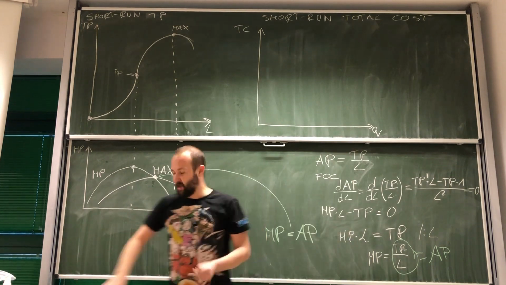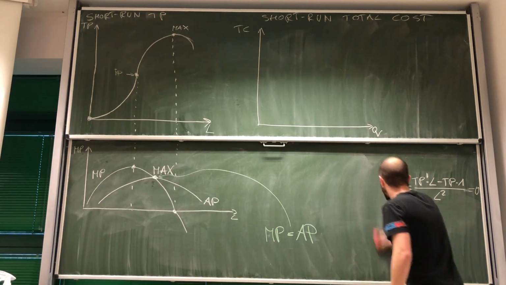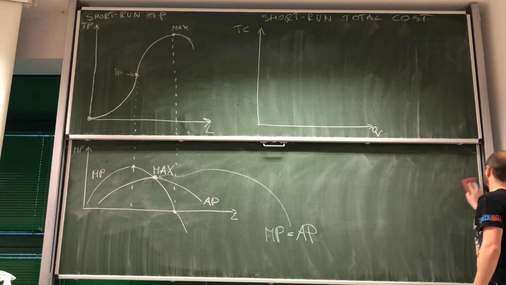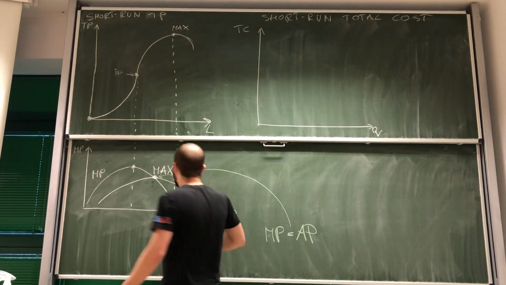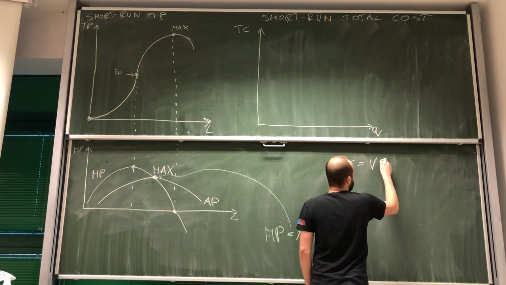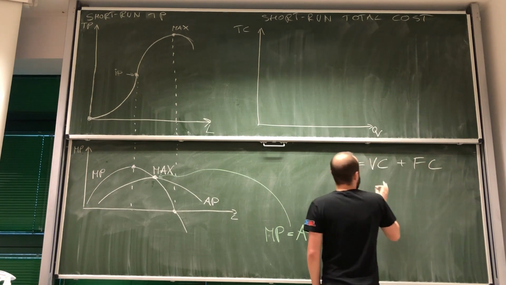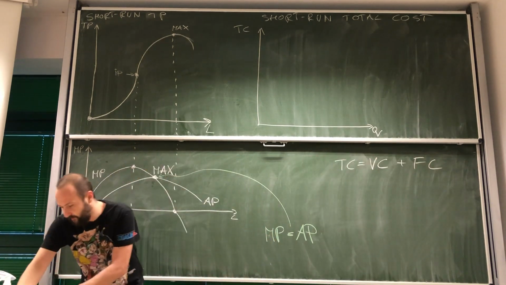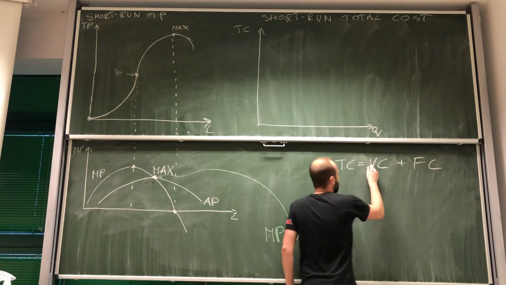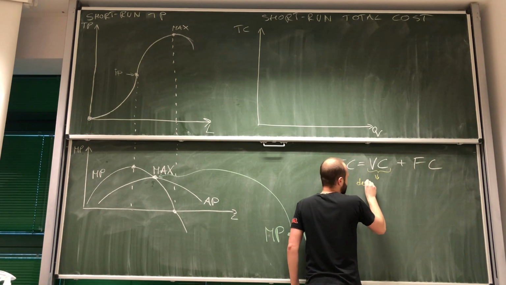Okay, first, total cost of the company, as you learned in your microeconomics class, can be divided into two parts: variable cost and fixed cost. What is the difference? Well, variable cost depends on the level of production.